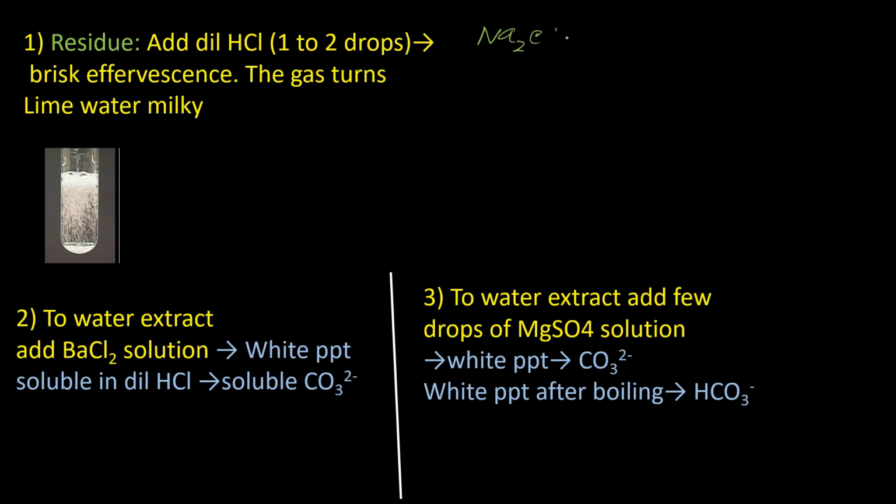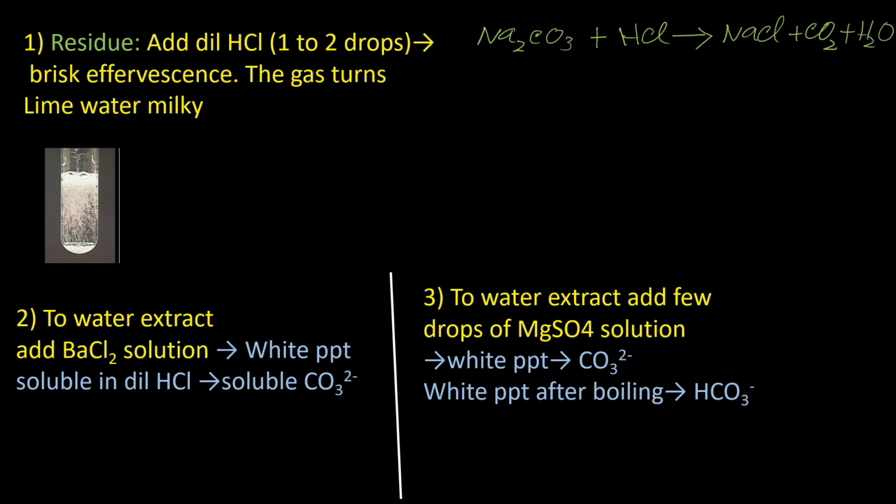I am taking sodium carbonate, plus you are adding hydrochloric acid, but it is insoluble carbonate. But for showing the reaction, I have taken sodium carbonate. So it will be sodium chloride plus carbon dioxide plus water.